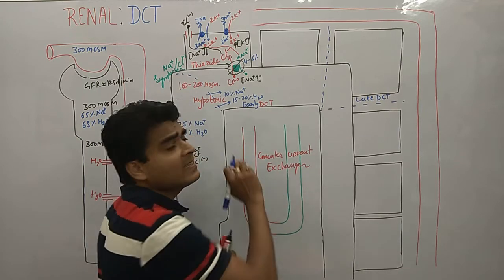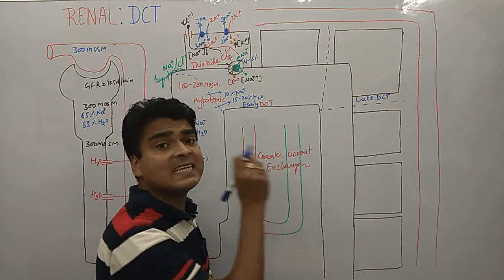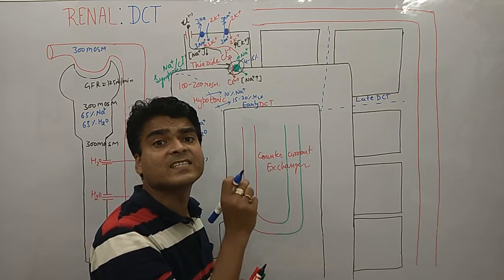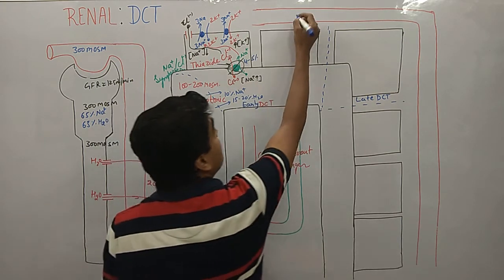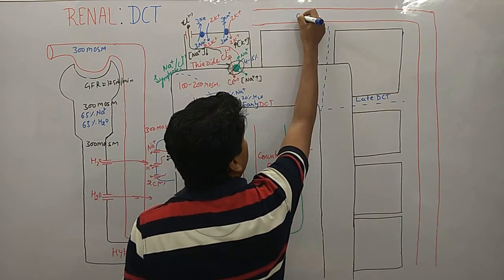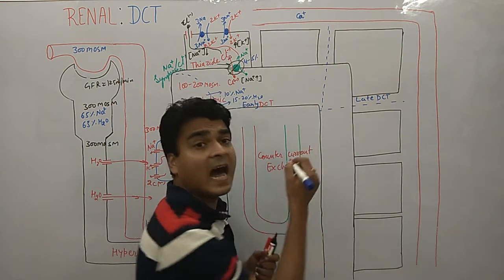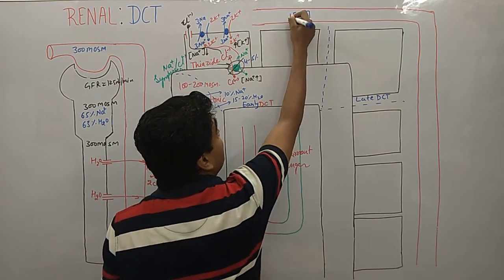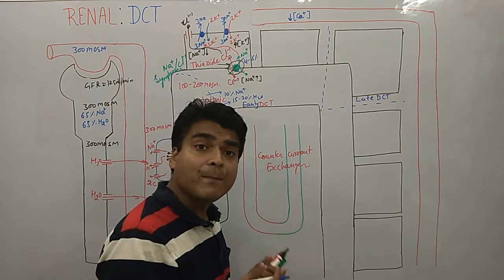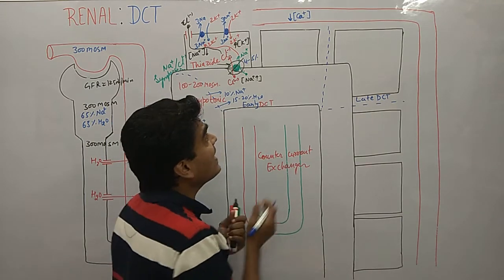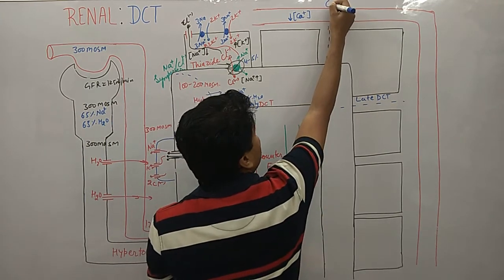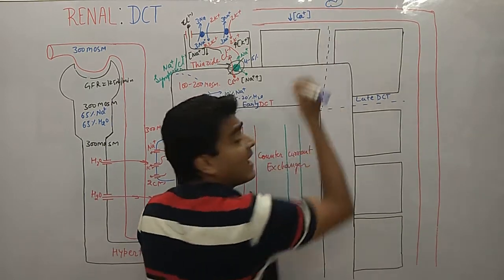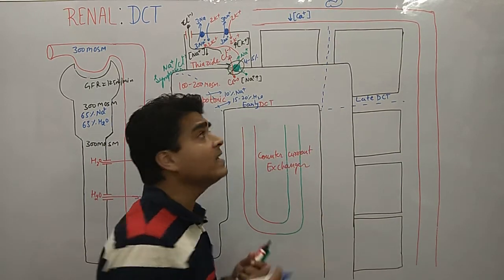Now look at this. If there is a decrease in the concentration of calcium in the blood, suppose the person is hypocalcemic, in this condition we have the thyroid gland as well as the parathyroid gland.